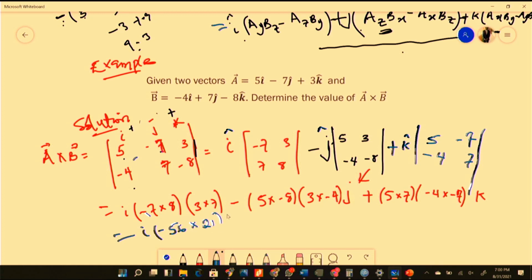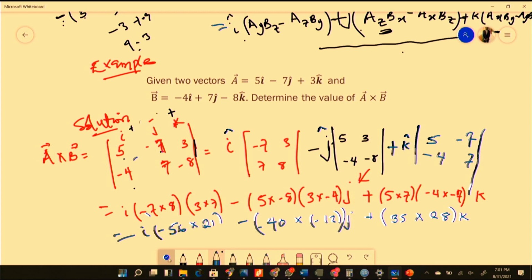And minus, so let's put this big minus out. 5 times 8 is going to be 40, and times 3 times minus 4, that is going to be minus 12. And this is our j, and this is going to be 5 times 7 is going to be 35 times minus 4 times 7, that is 28, and everything k.